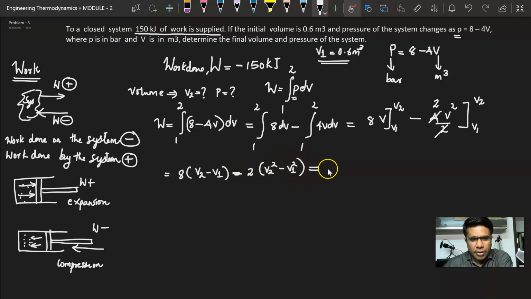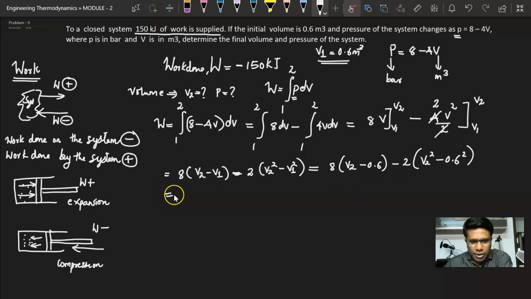This can be again written as 8 into (v2 minus 0.6) minus 2 into (v2 square minus 0.6 square).